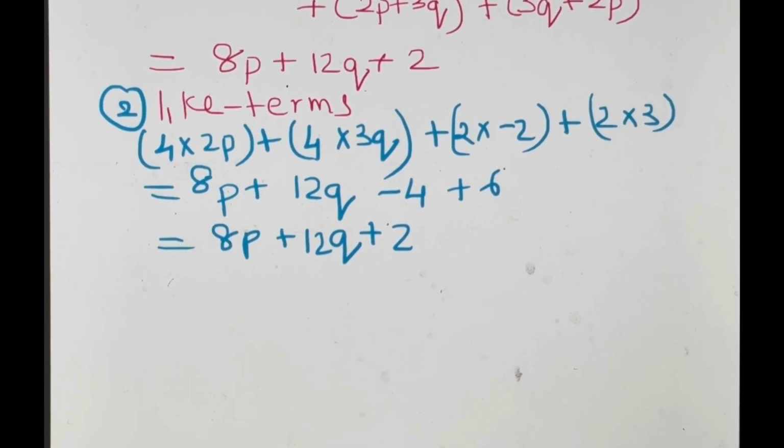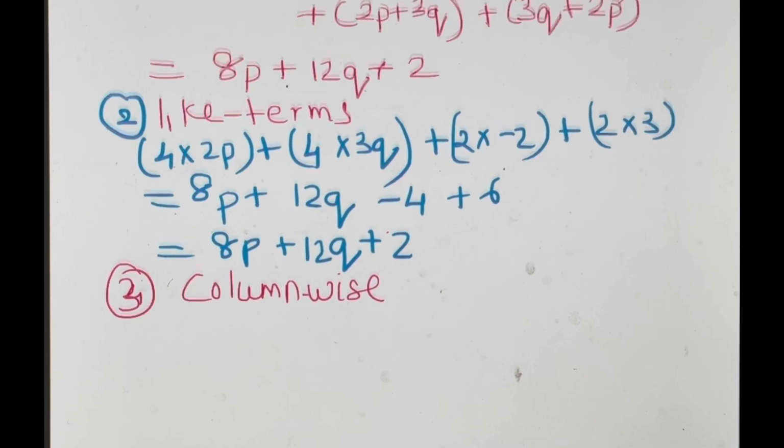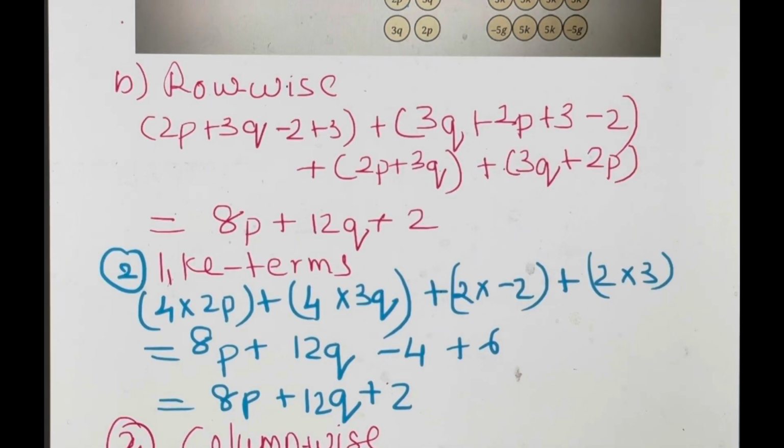Now let us see column wise, third way of adding it. In all the cases you will get the same answer. So column wise, now let us go back to the diagram to see how to add column wise. So if we see 2p plus 3q, then 3q plus 2p.